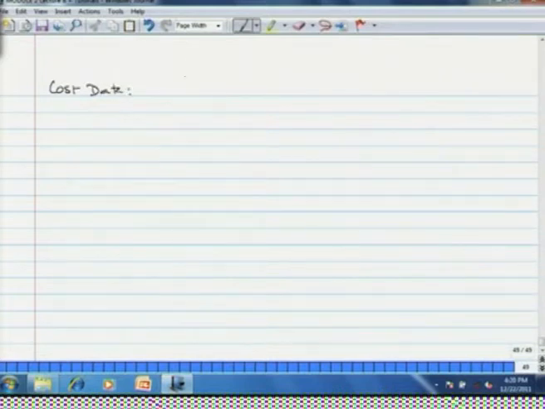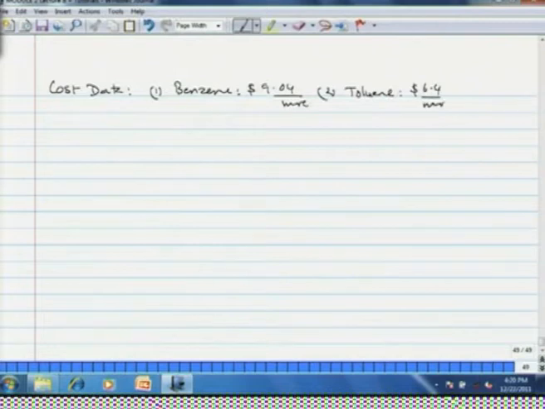Now the cost data. The price of benzene can be taken as $9.04 per mole. Price of toluene is $6.4 per mole.